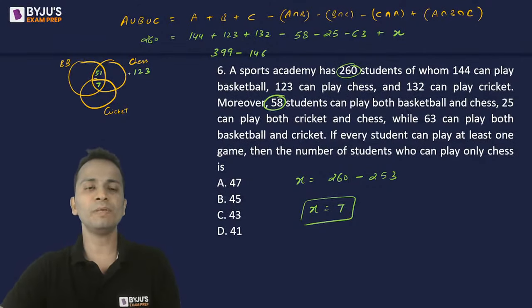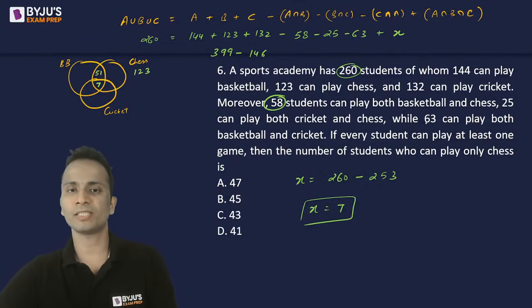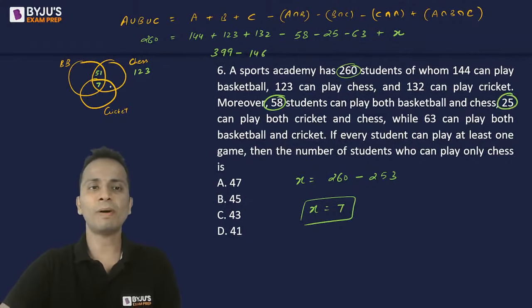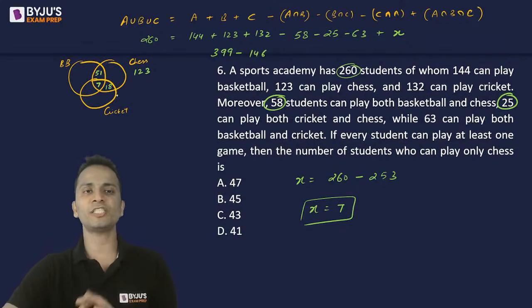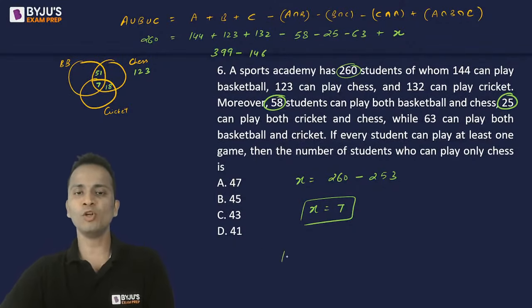Similarly, people who play chess and cricket is 25 minus 7, that is 18, who will play only chess and cricket. So number of people who will play only chess will be 123 minus 51 minus 7 minus 18.